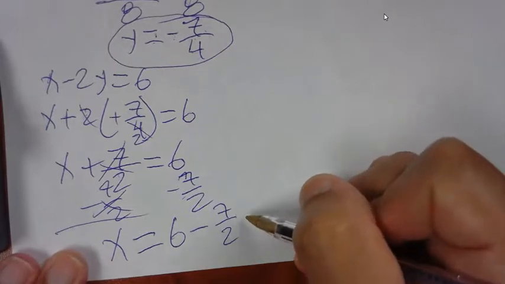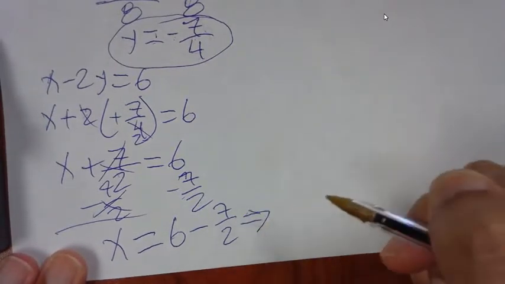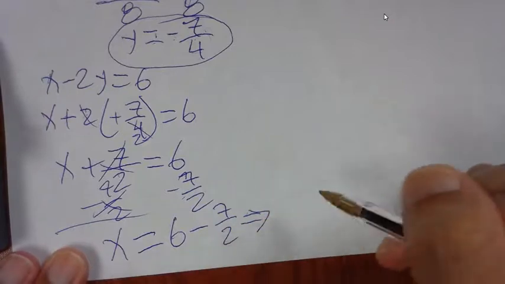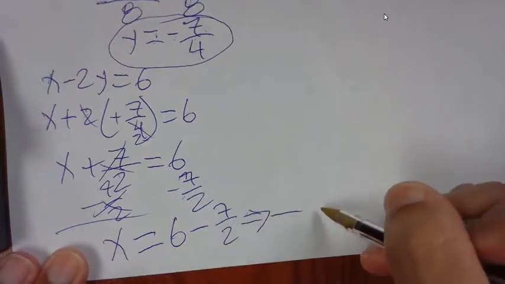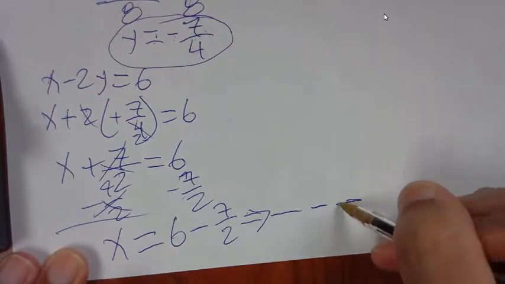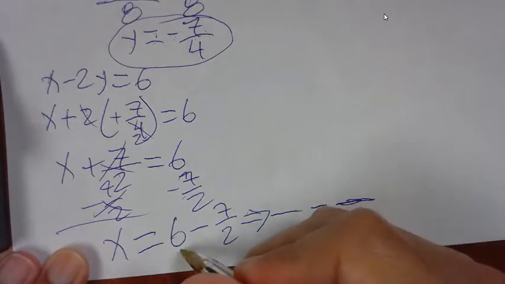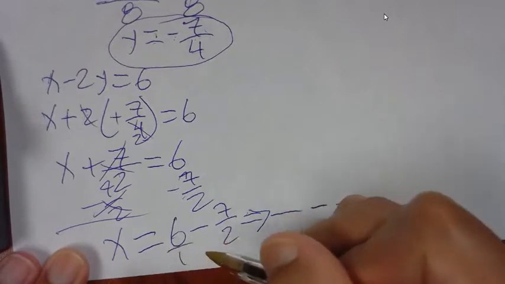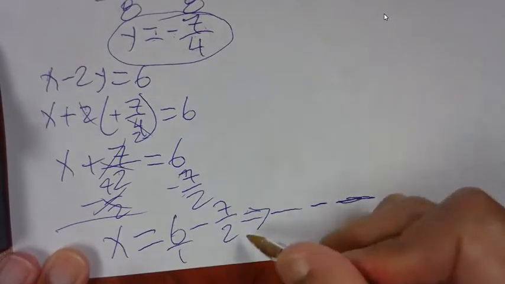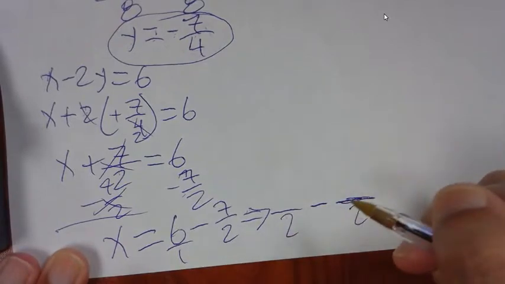Well, what is the rule there for subtracting fractions? I'm just going to rewrite it here. Well, we need a common denominator or a least common multiple. In this case, it's 2. It's easy to see because it's only 2 and 1 there. So 2 will be my denominator.